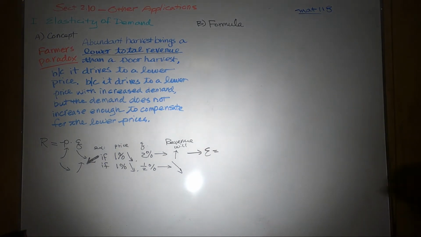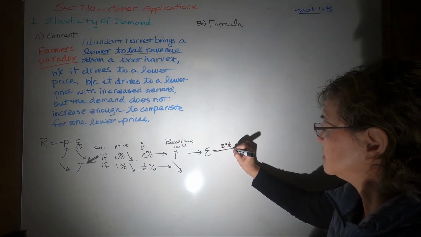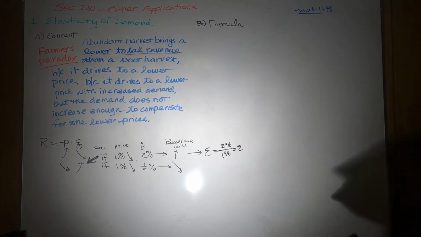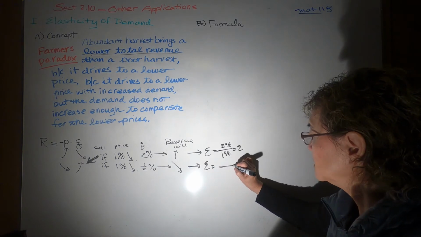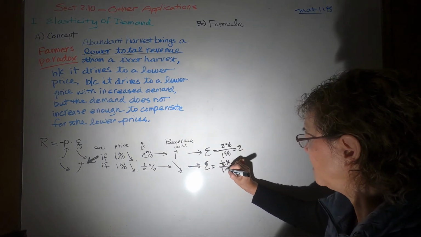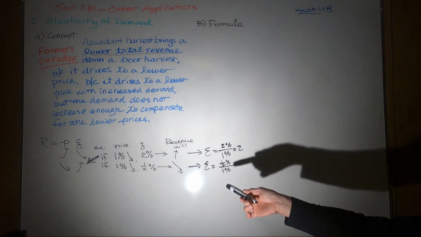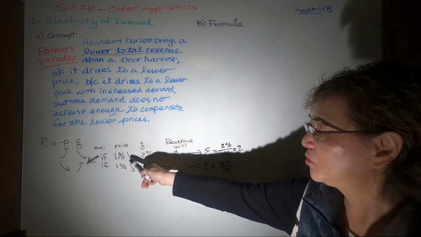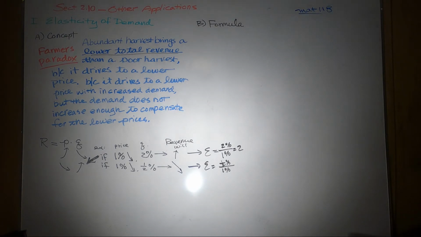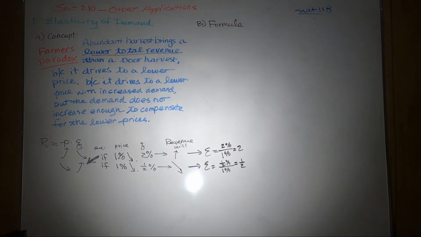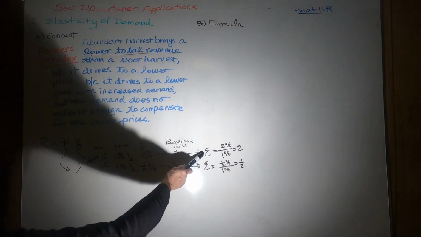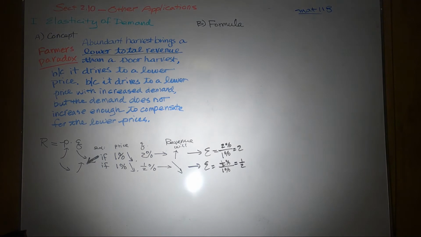So they did a comparison. Comparing 2% to 1%, it's 2. In this other case, they compared 0.5% divided by 1%, the quantity percentage with the price percentage, and it turned out to be a half. So this one is above 1, this one is half, below 1.